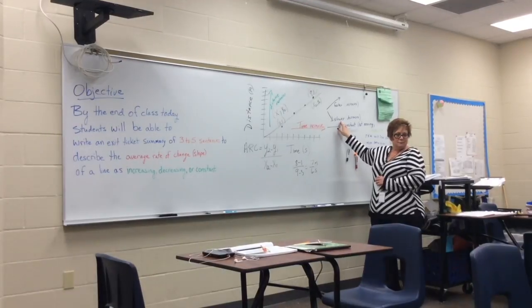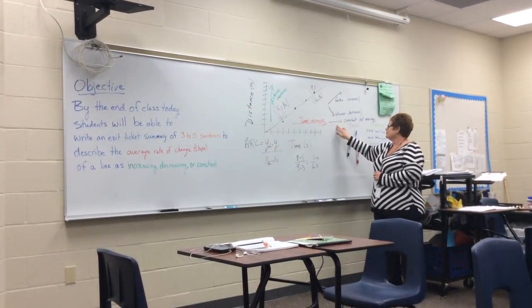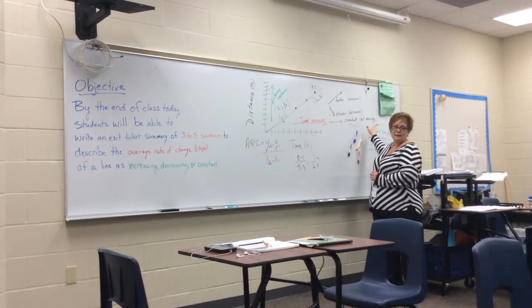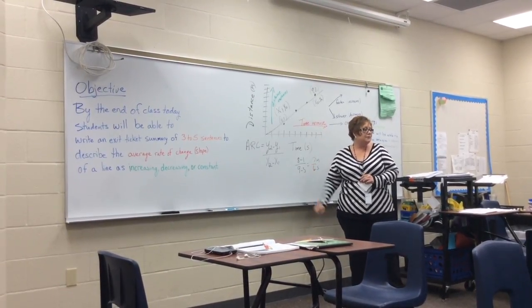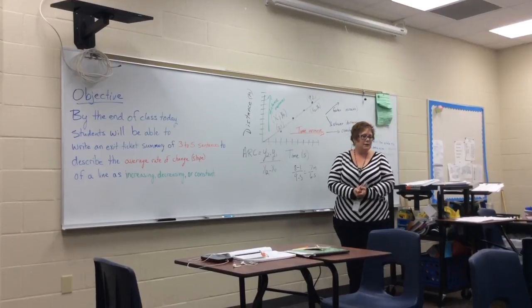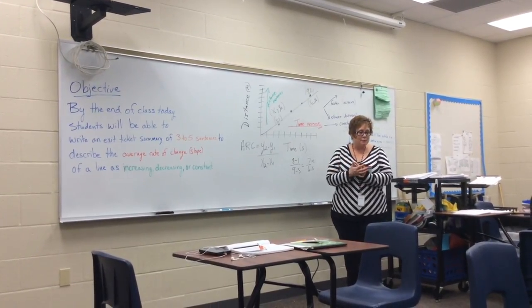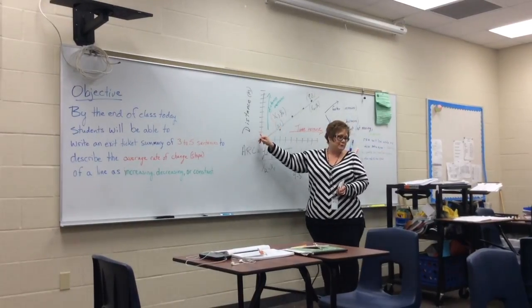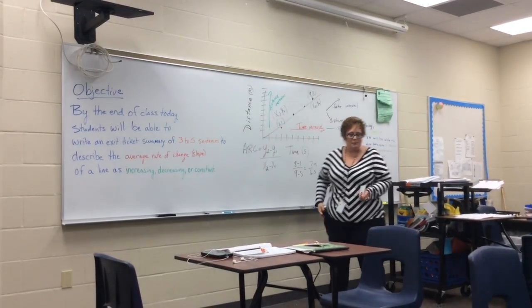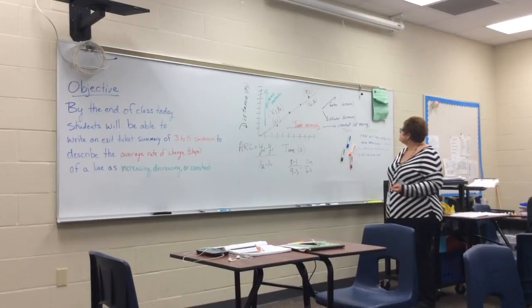If the line goes down, we're decreasing. And if it goes straight across, that means time still passes. We can't stop time, but the distance isn't changing, so something is sitting still. Even as I'm standing right here, time is passing, but I'm not moving, so it will look like a straight line because my distance didn't change, only time passed. So I'll go through and remind you of that.